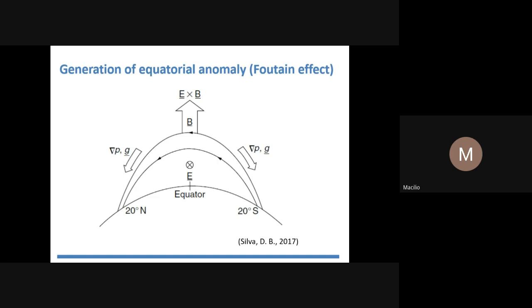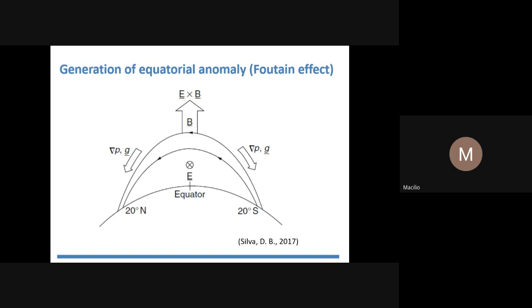This plasma rises during the daytime. At sunset, it stops rising and moves along the lines of the magnetic field. And at the end, we have more concentration of plasma about this region.